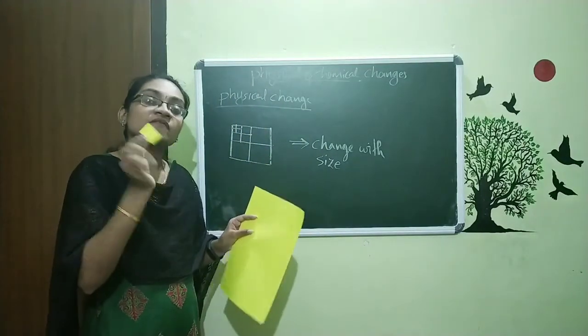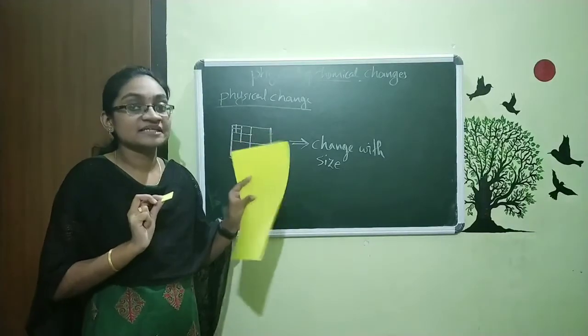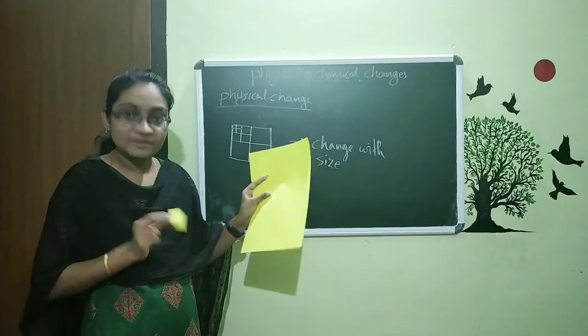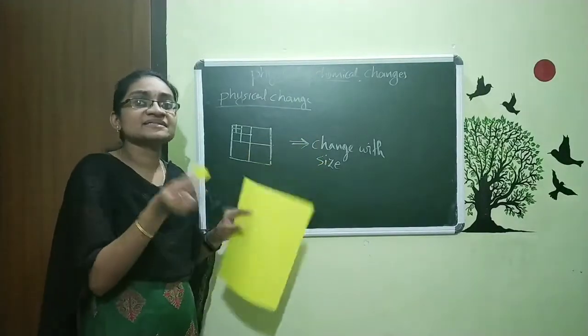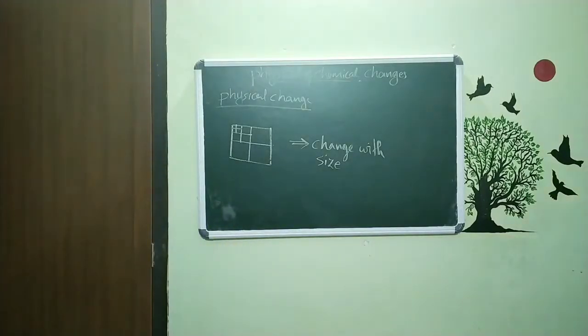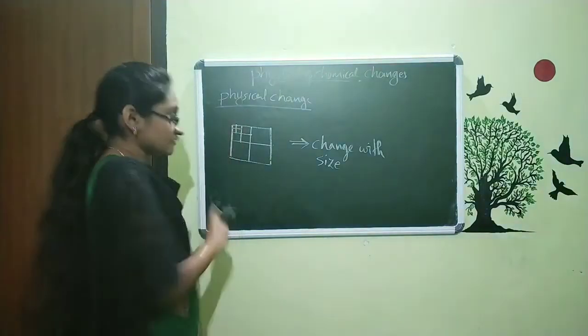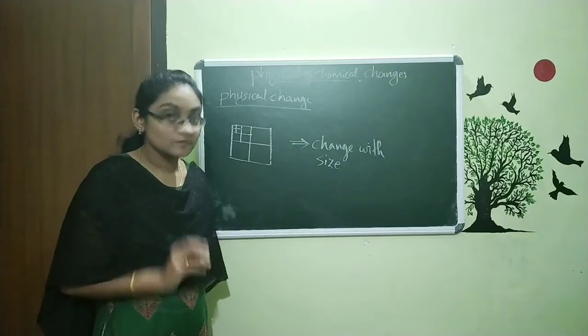That means when we are checking the properties of this small piece of paper and the properties of this big paper, both are the same. Here this has more area, but this is very small. That is the only difference. So this is one example of physical change.